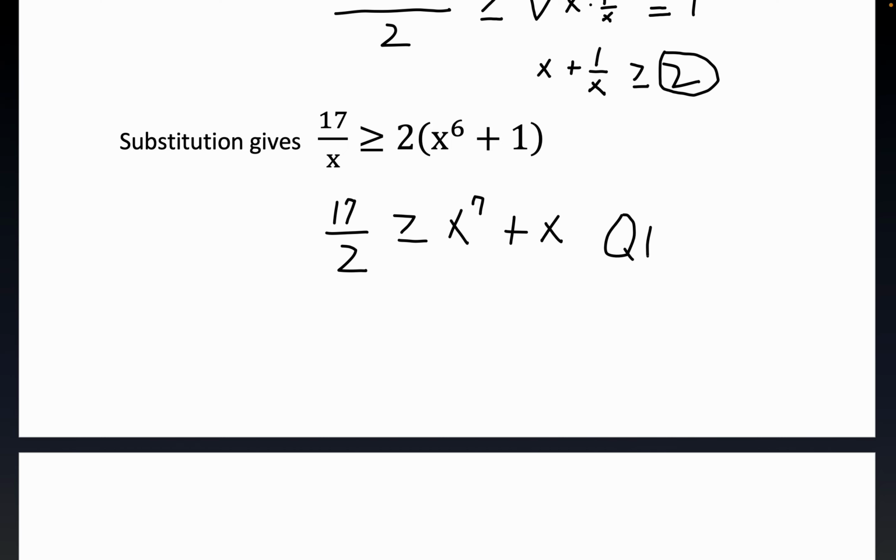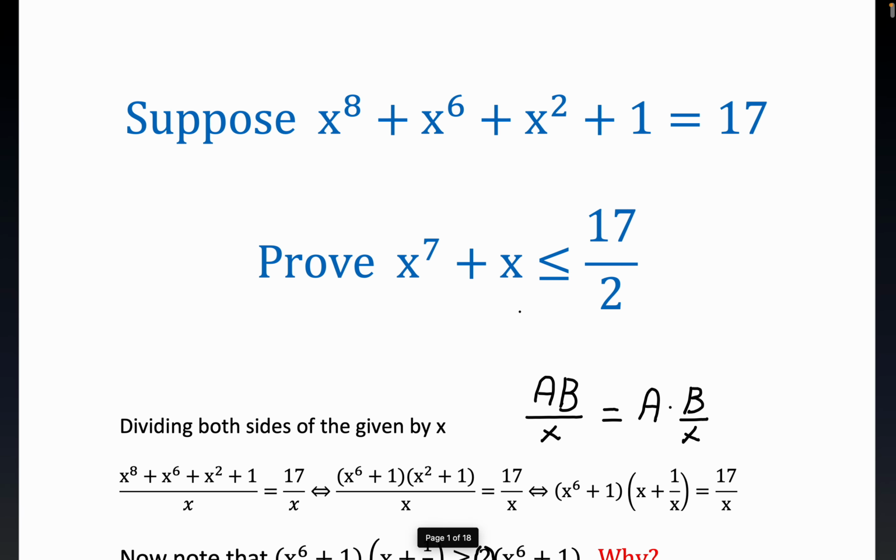I find this kind of problem fascinating because we have no idea what x is, but if it's a real valued solution, a positive real valued solution to the given equation, then this condition has to hold. Let me write that. I should have written that down at the very beginning.